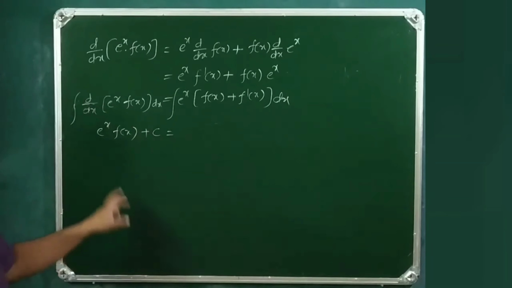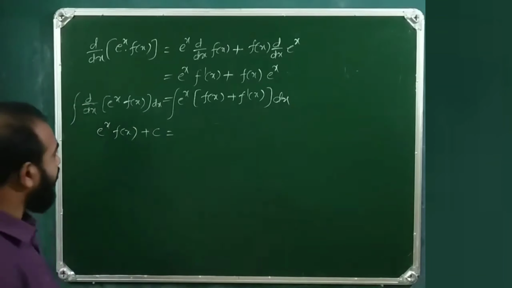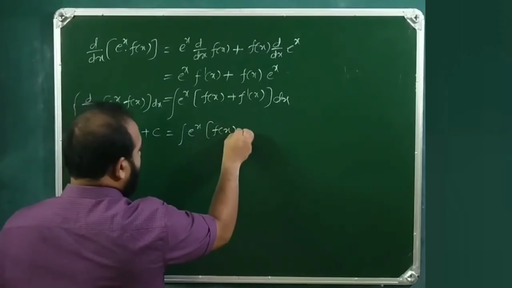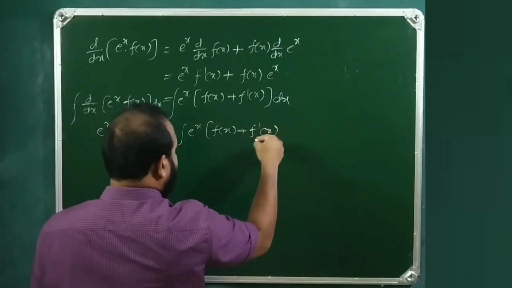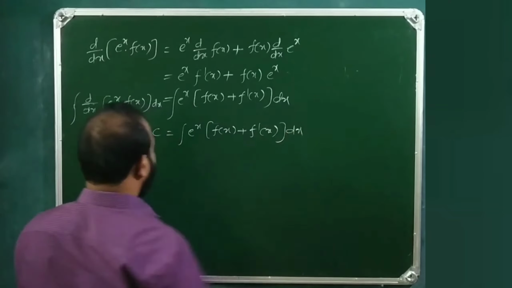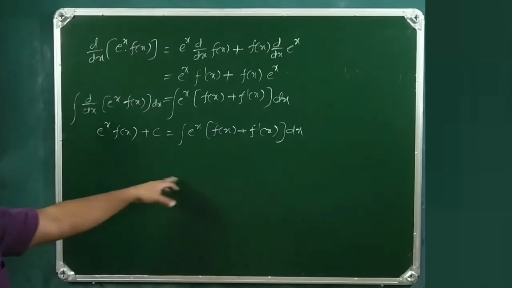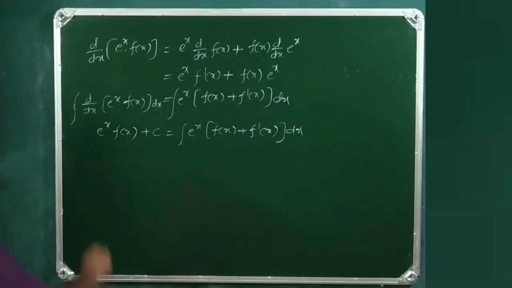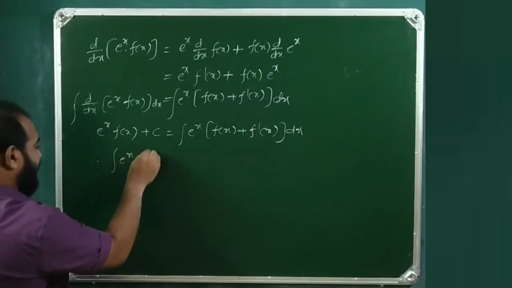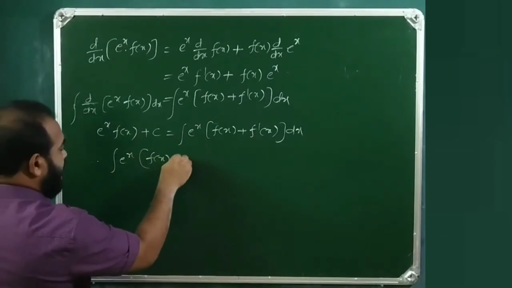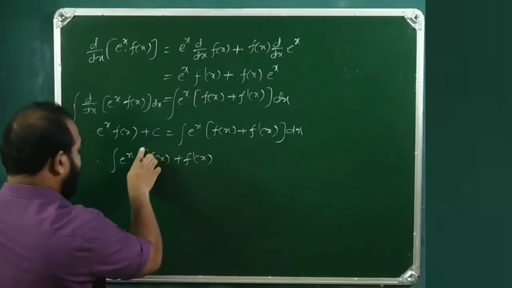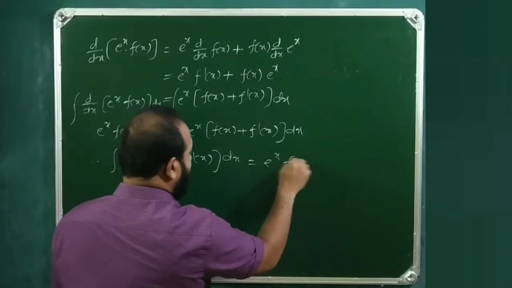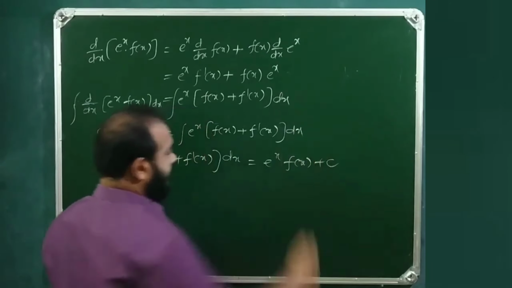If you integrate, the constant of integration is what we will get. Therefore, this can be used as a formula also: integral e power x into f of x plus f dash x dx is equal to e power x into f of x plus constant of integration c.